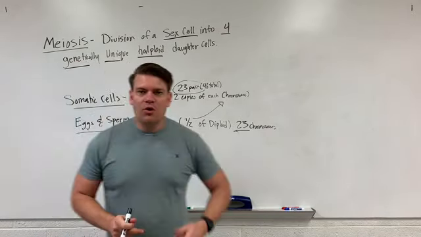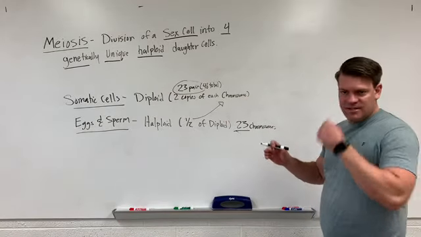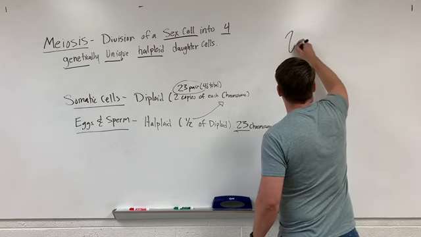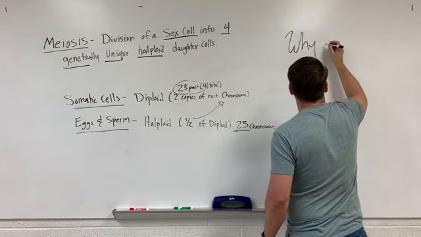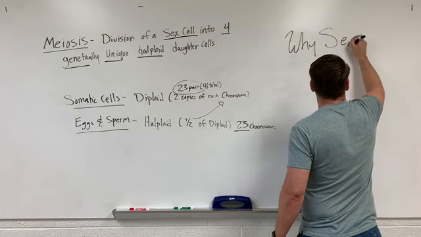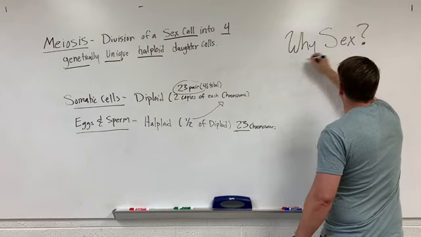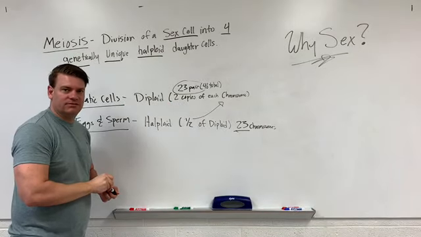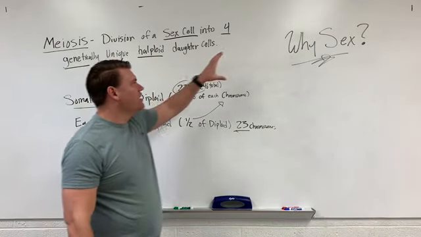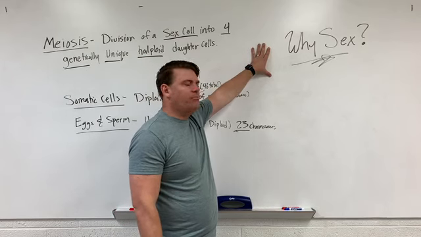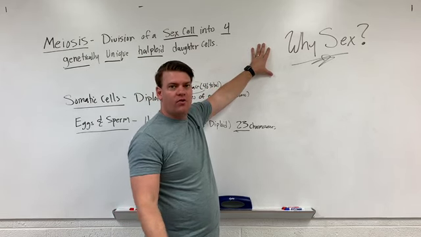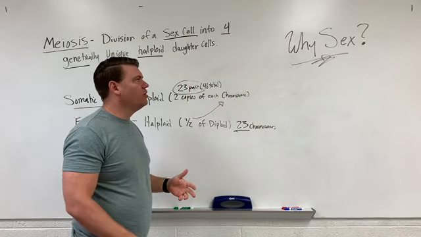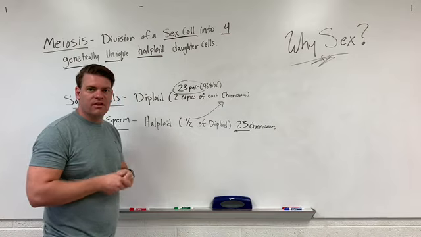All right, so one big question with meiosis is something I always like to ask my class, which is, why sex? Why do a lot of living organisms participate in sex, or what we like to call sexual reproduction?